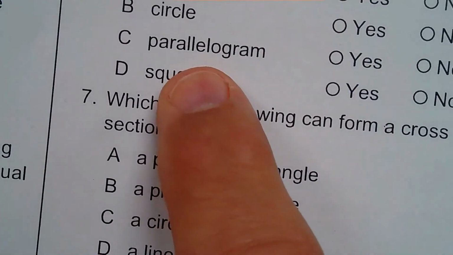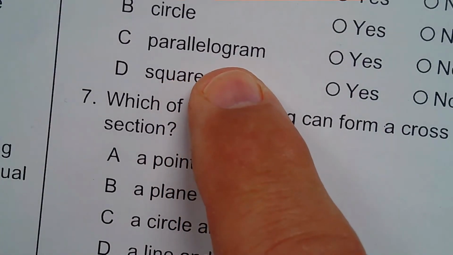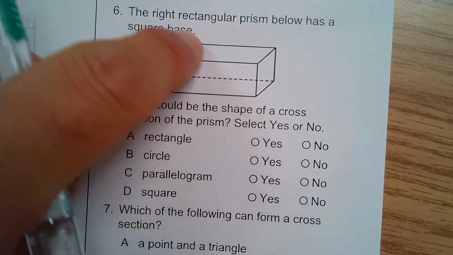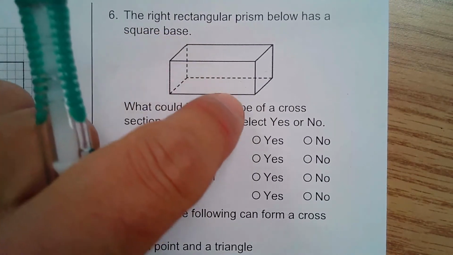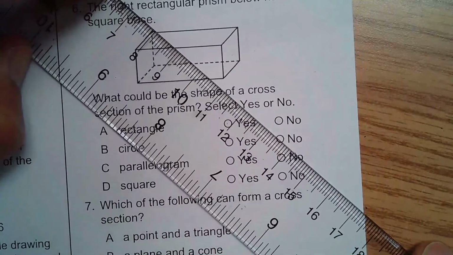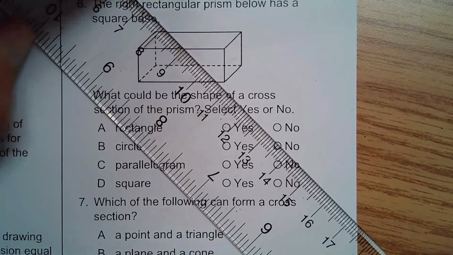And parallelogram, yeah, I believe you can, because if you sliced it, oh god, I gotta zoom out because this is getting too hard to get it right in it. So if you go diagonally right there, where it's cut like this, then yeah, you can get a parallelogram out of that.